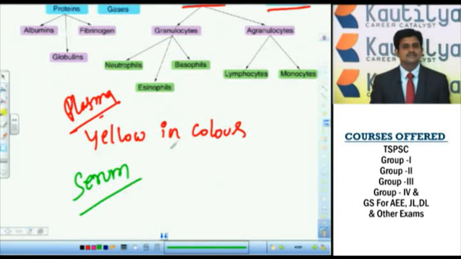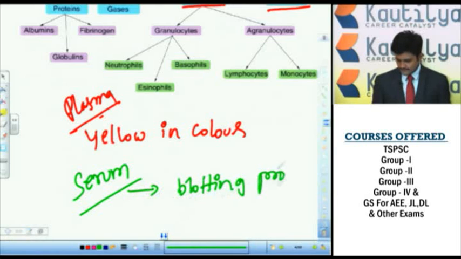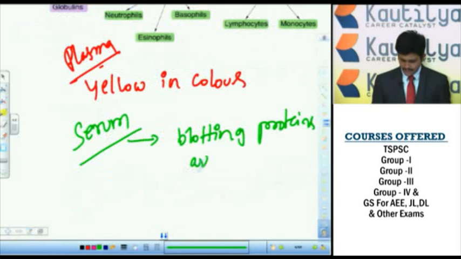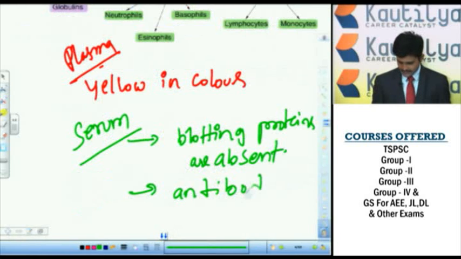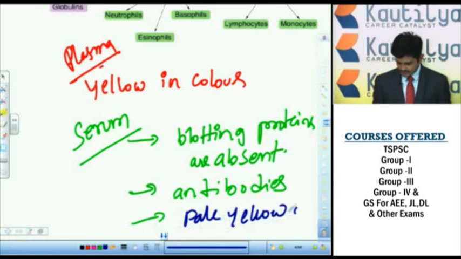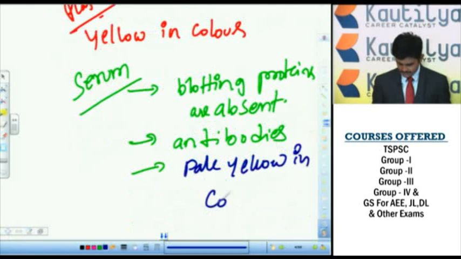Plasma consists of proteins, and it may be organic or inorganic in nature. And in case of serum, blood clotting proteins are absent, and it has antibodies. Serum is pale yellow in color.